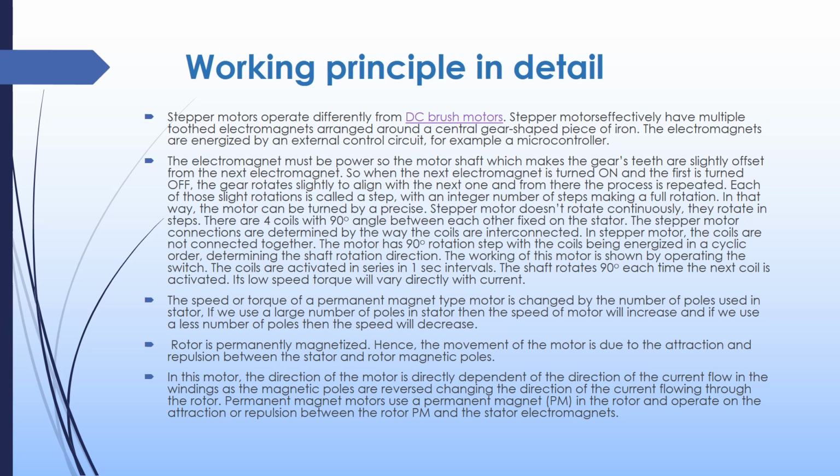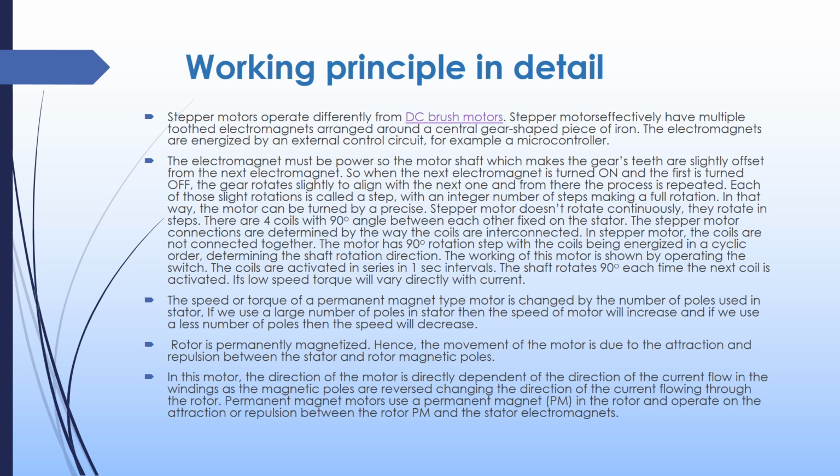In a step motor, the coils are not connected together. The motor has 90 degree steps with the coils being energized in a cyclic order. It determines the shaft rotation direction.